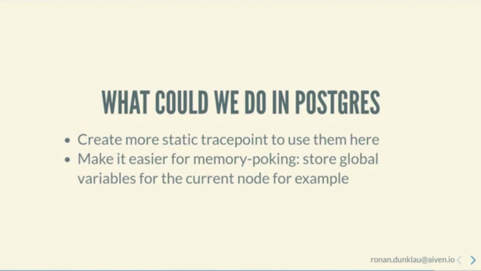Another thing, one thing I found a bit frustrating is it would be nice to have some more global state. For example, if you're in the middle of the glibc, it would be nice to have somewhere a global variable pointing to the current node being executed to be able to correlate what you see outside of Postgres to what is happening inside Postgres.